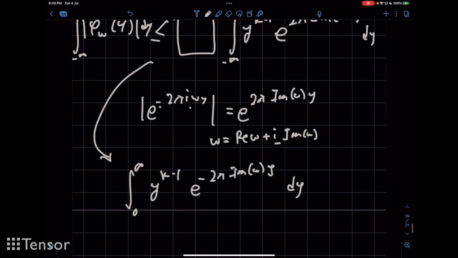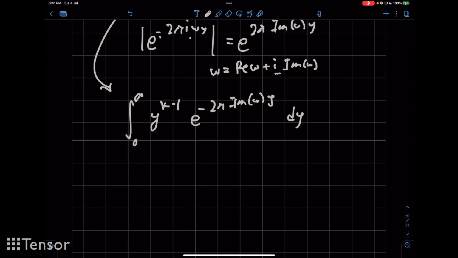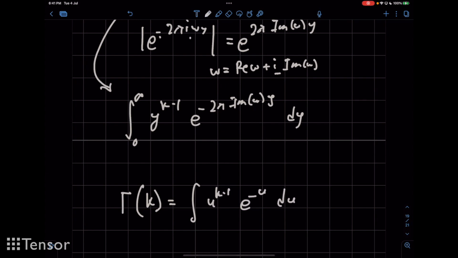Now, does it look familiar? Exactly, the gamma function. So gamma of k is the integral from 0 to infinity of u to the k minus 1, e to the minus u, du.